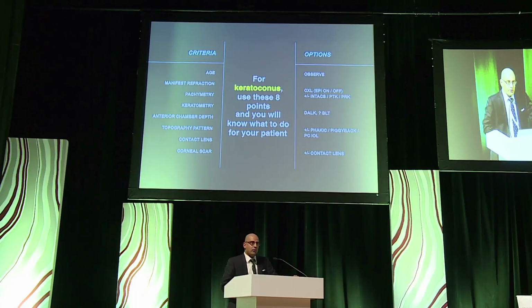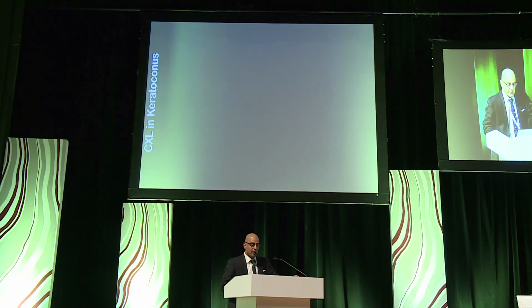Now, although keratoconus is a very broad topic, with lots of new developments and lots of controversies, we're only going to focus on the cross-linking component of these options. So let's look at cross-linking in keratoconus. It's not that simple. There are a few layers we have to consider.